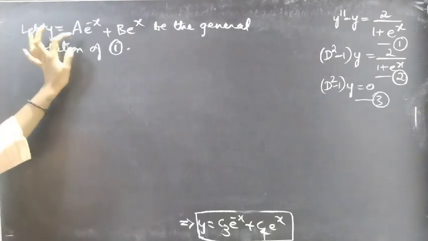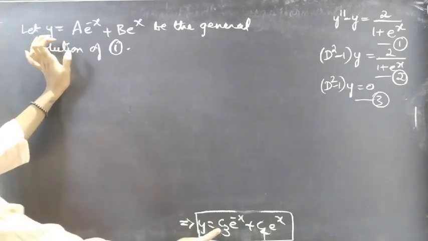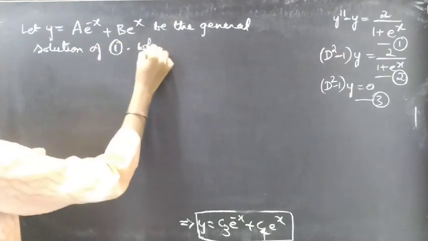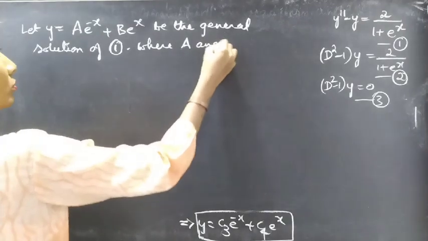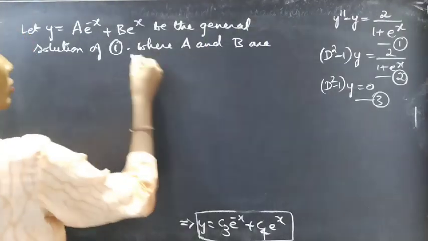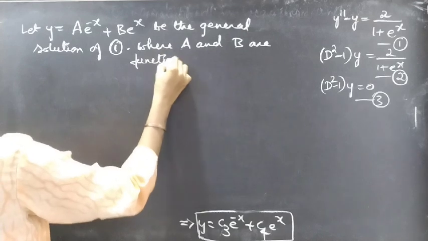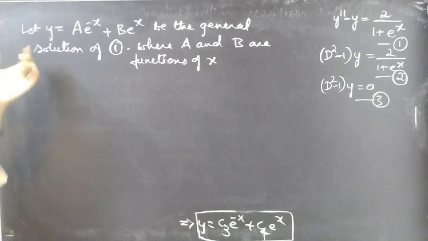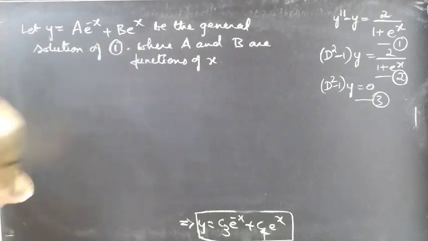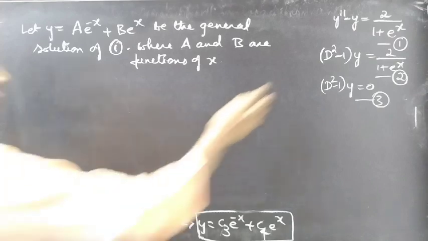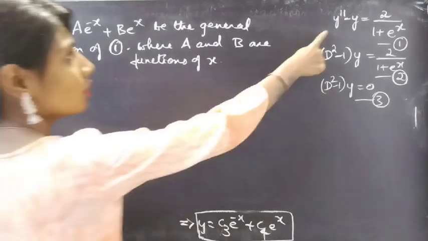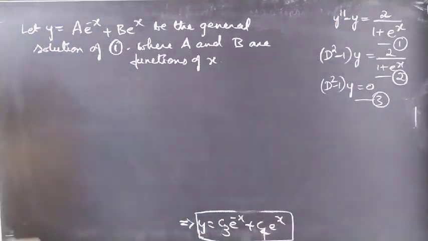So here we have just replaced the constants C3 and C4 by functions of x, a and b, where a and b are functions of x. We said that y is the general solution of equation 1, so y can satisfy equation 1. In order to substitute y in 1, we need y double dash also. So let's find y dash and y double dash here.